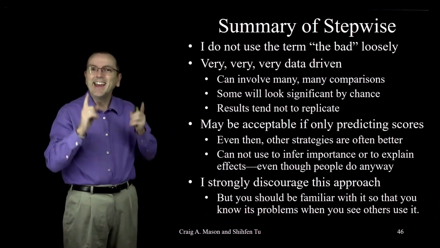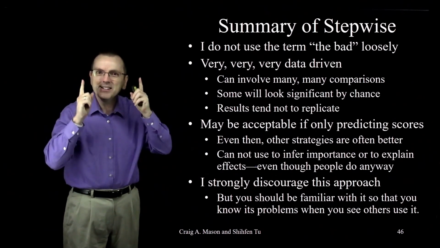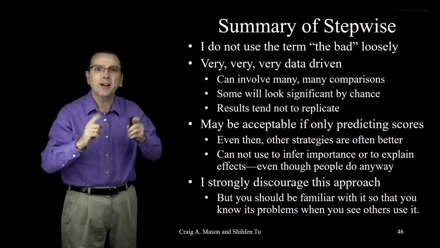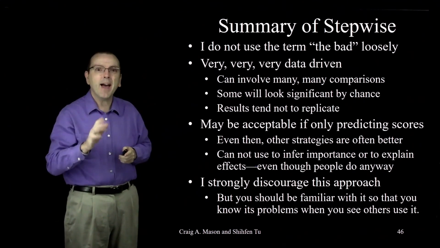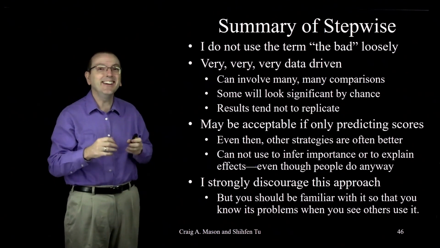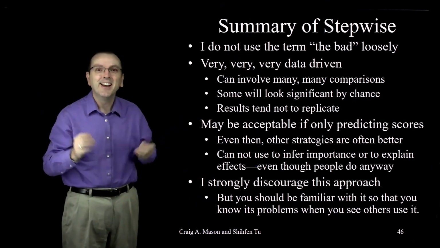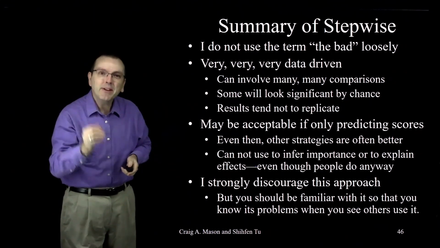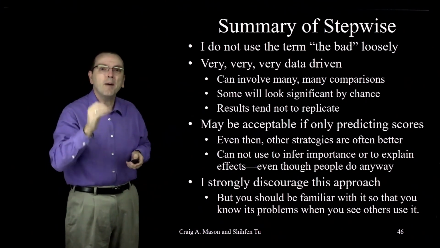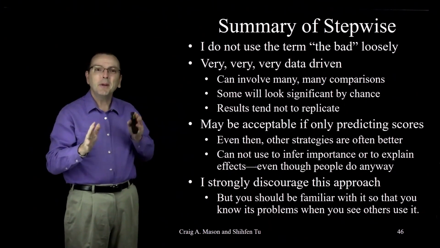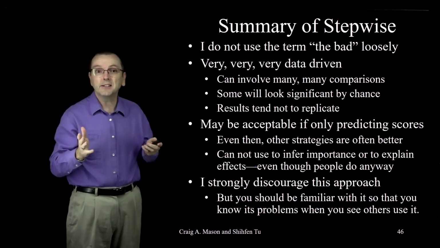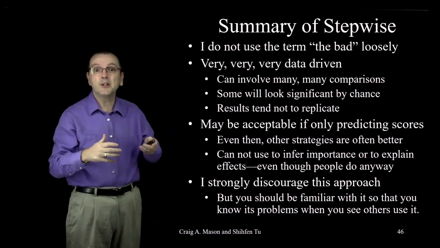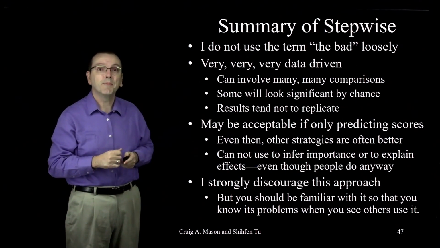So, is it clear that I strongly discourage you from using stepwise methods? I've tried to make it sound bad, and in practice, it's often much worse. But you should be familiar with it so that you know the problems if you see someone using it. Plus, it's a nice tool for introducing ideas like multiple models and change in R squared.